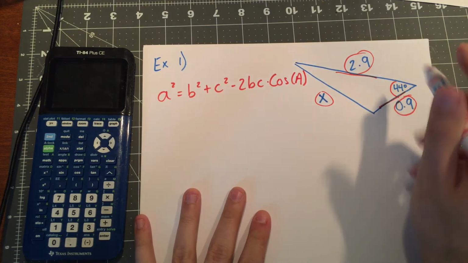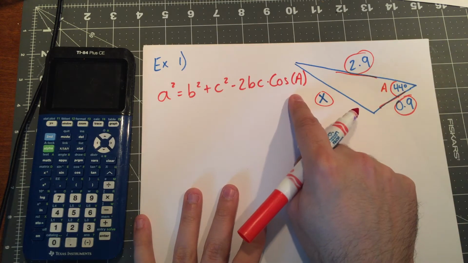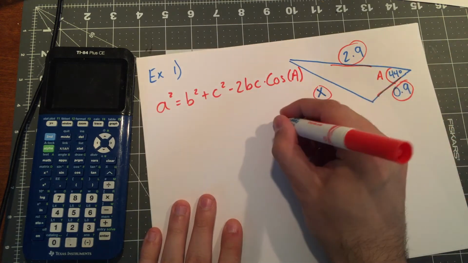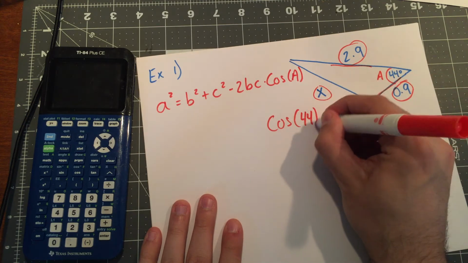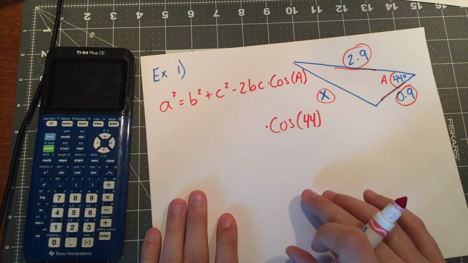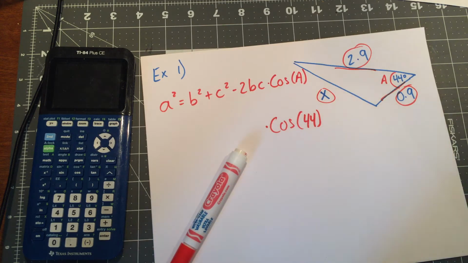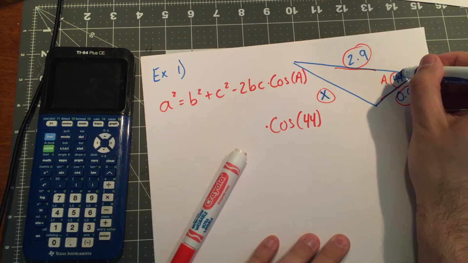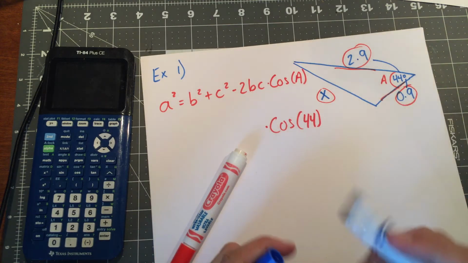Well, we know this is our A. That's our only angle, so that is going to go in here. I'm going to rewrite it just so I can visualize it with what I have in this one. Cosine 44. Well, what are B and C? B and C, hopefully you're figuring this out, are the ones flanking the angle, the ones surrounding the angle.